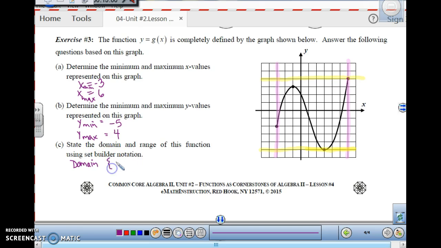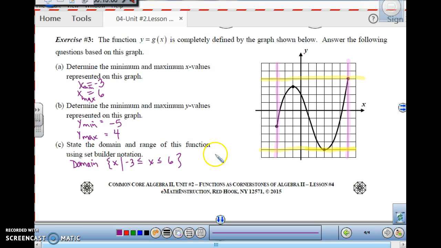Well, in set builder notation, it would be the x's such that x falls between -3 and 6. The left and rightmost x value would be that. So x would be less than or equal to 6, but greater than or equal to -3. And that is set builder notation.